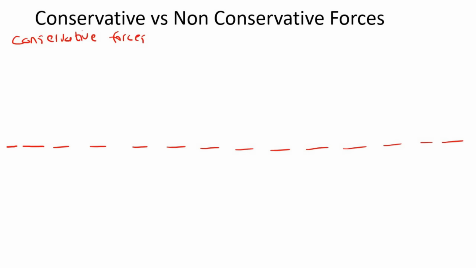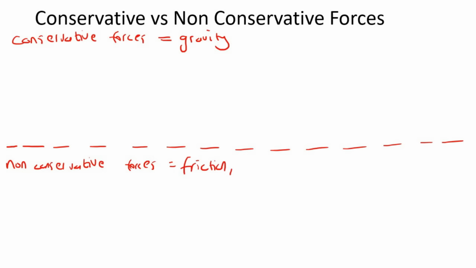The only conservative force we look at is gravity. Then you've got non-conservative forces, and that would be all the others. Friction is the main one we look at. Applied forces, tension. But friction is the main one that we look at.